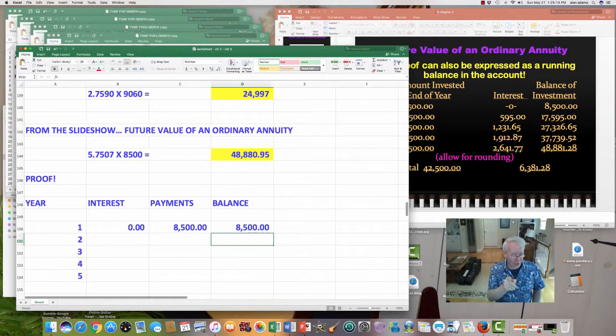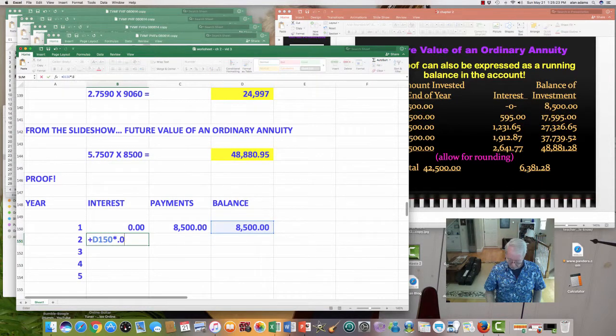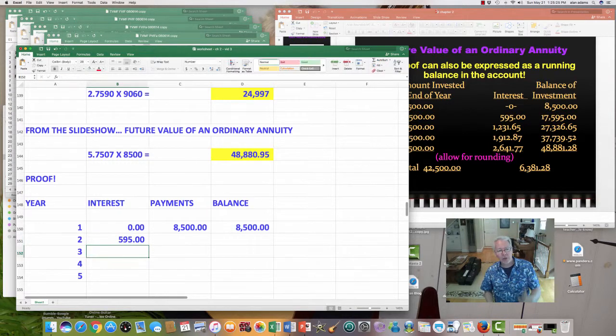But now that money is going to work for me in year 2. At how much? At 7%. So I'm going to take that ending balance, friends, I'm going to multiply it by 0.07. So in year 2, my first payment makes me $595, okay? I am then at the end of year 2, going to put in another $8,500. What do I now have?